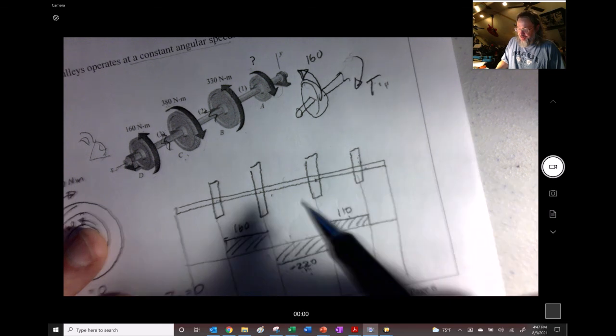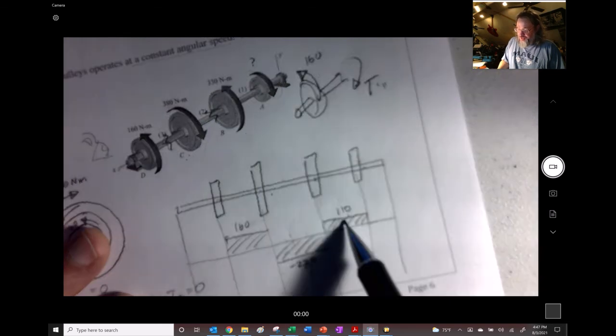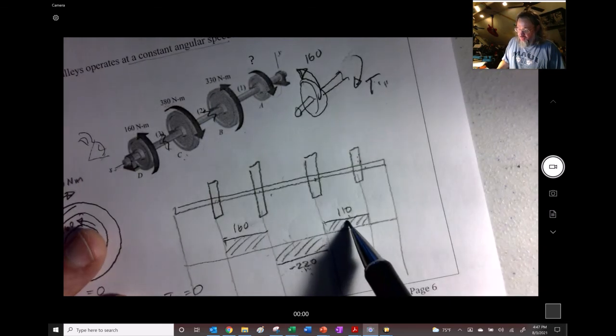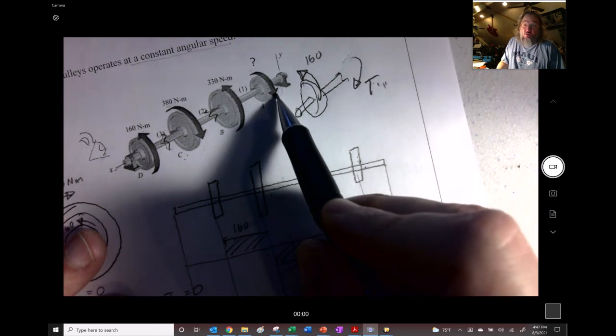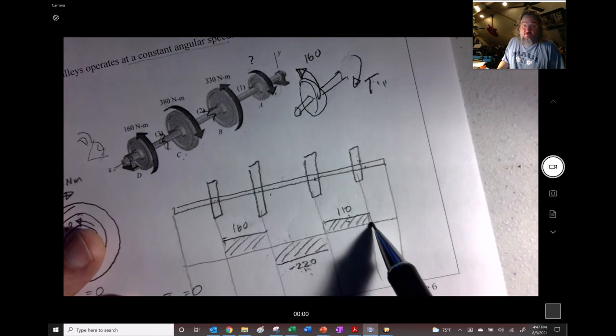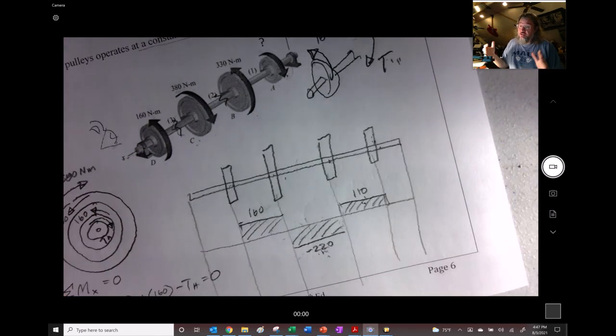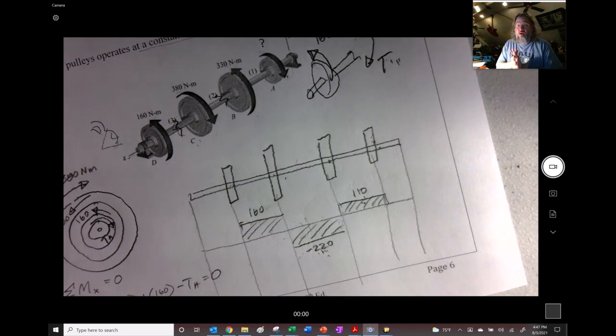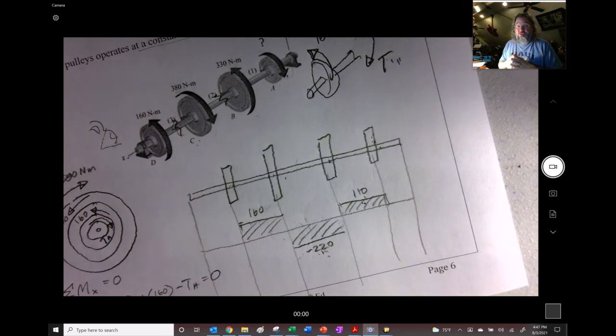Which direction does it need to be? Well, this is positive, so this is counterclockwise. So this needs to be clockwise in order to get negative and bring it back down. So there's a way to think your way through what's going on in the torques and the torsion.